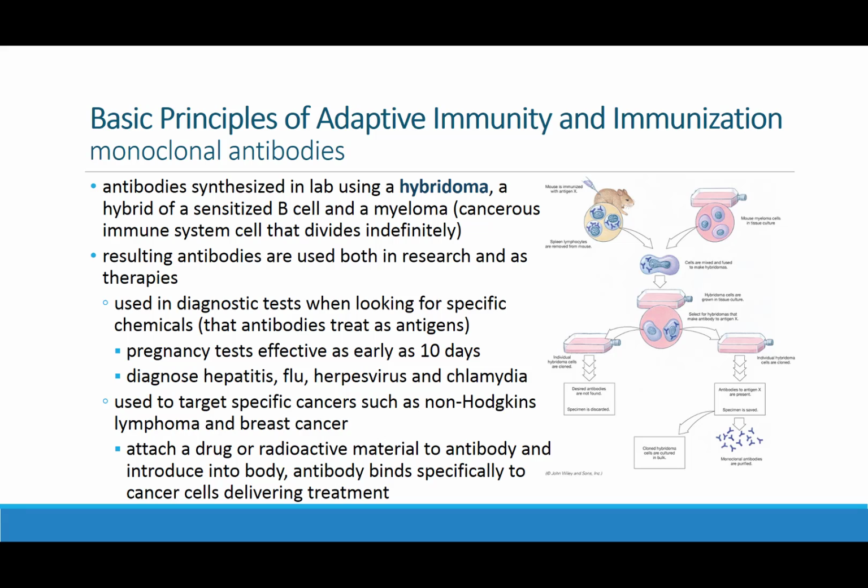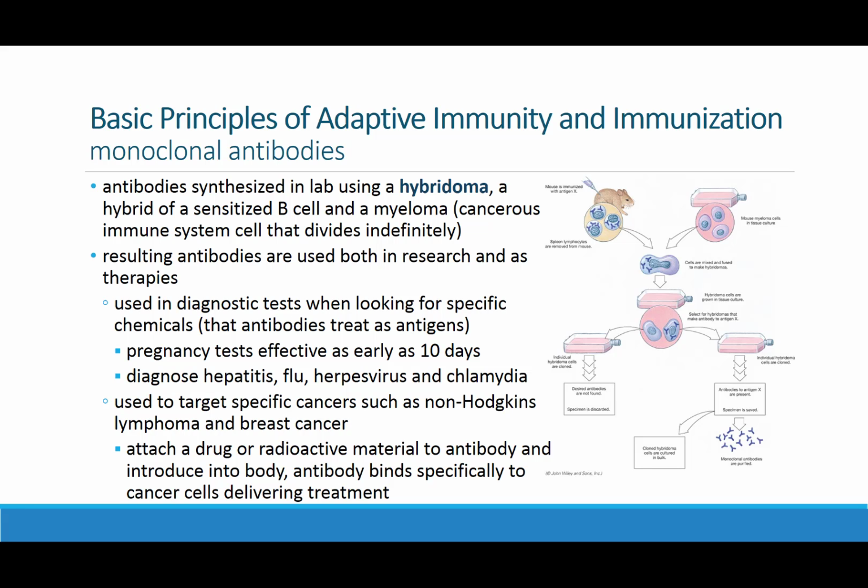They can also be used to diagnose hepatitis, flu, herpes viruses, and chlamydia, because they are so very sensitive and it doesn't take a lot of antigen to find that antigen-antibody reaction.